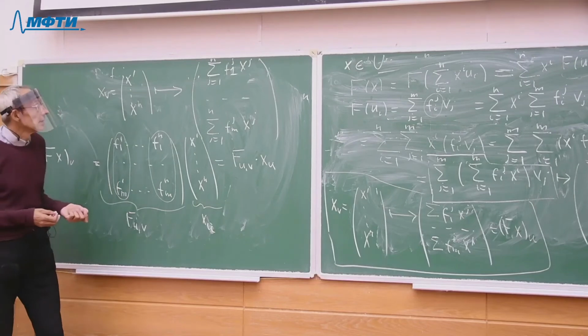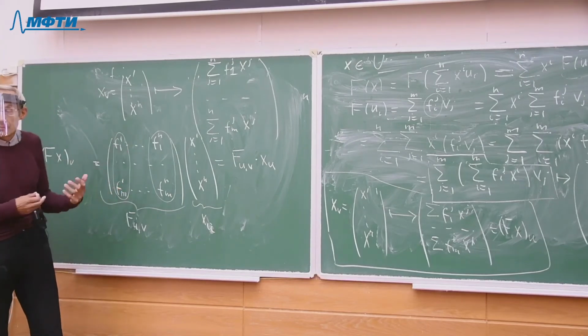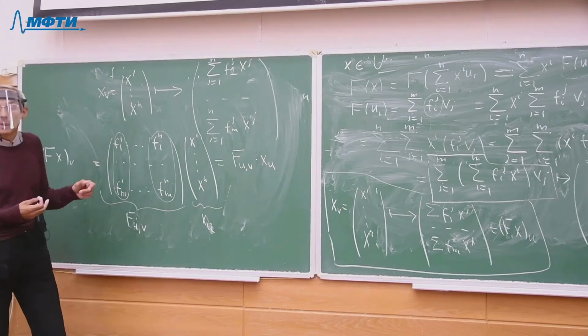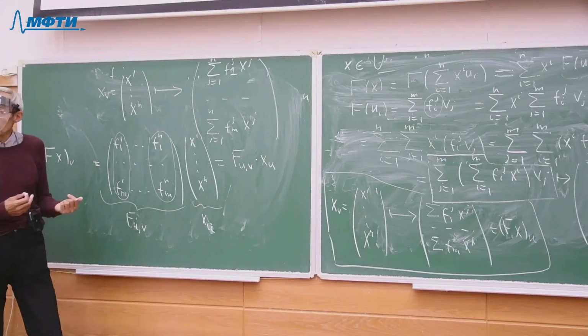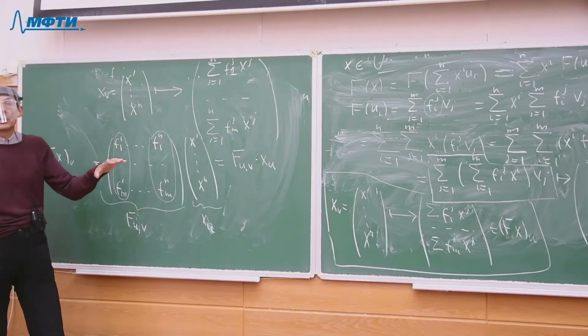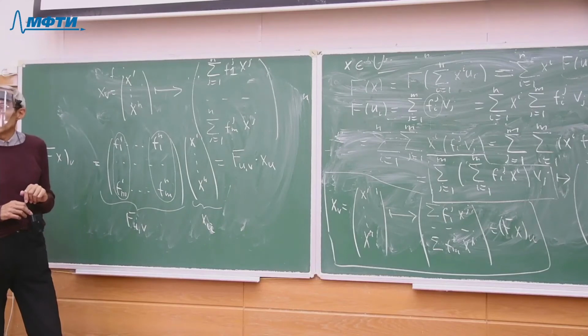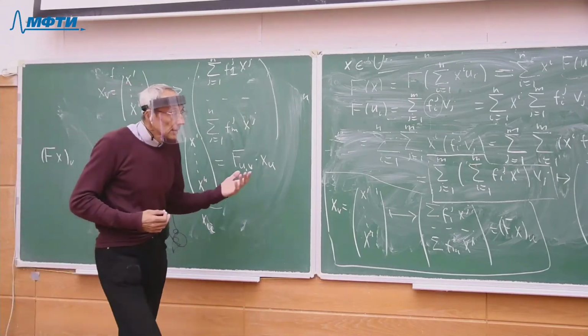How do I obtain the second column of this matrix? In the same way. I apply my linear transformation to the second basis vector, and decompose this image in terms of the basis.